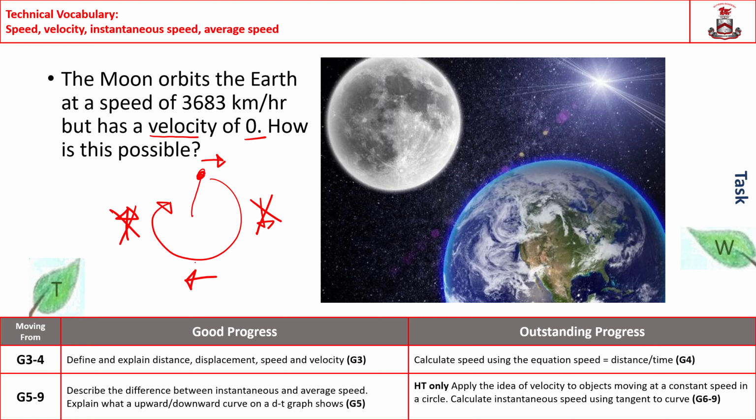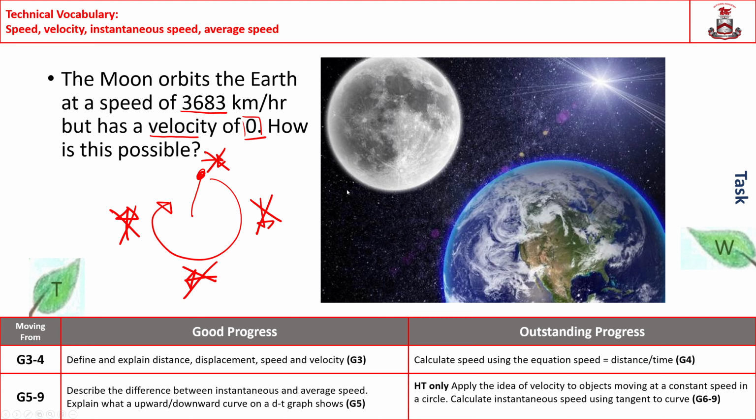So they cancel out. The velocity of this side and this side are opposite, so they cancel out. So overall, if you've got something moving in a circle, the velocity is 0. The speed, in this case, is quite large, but because really the moon isn't actually going anywhere, it's just going around in a circle, the velocity is 0.